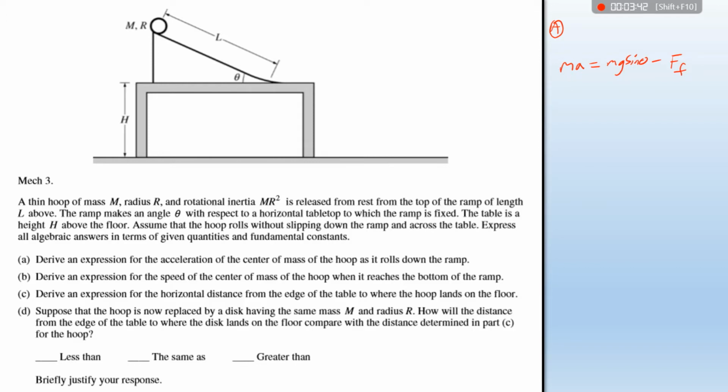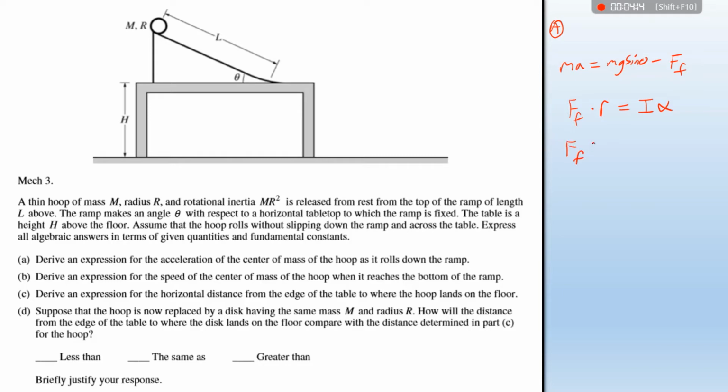Then I'm also going to look at the torque. So that's F cross R, in this case force of friction times R, is equal to our moment of inertia times angular acceleration. And I'll need to start making some substitutions. Okay, so what's my moment of inertia? MR squared.